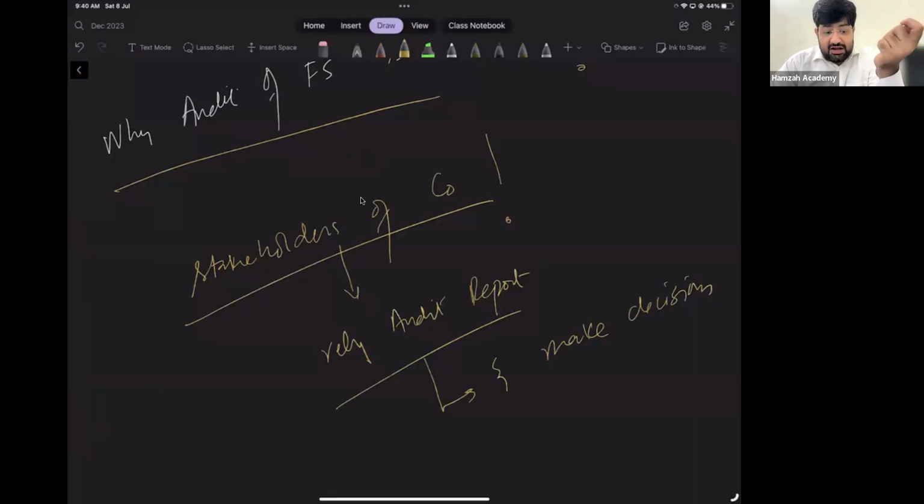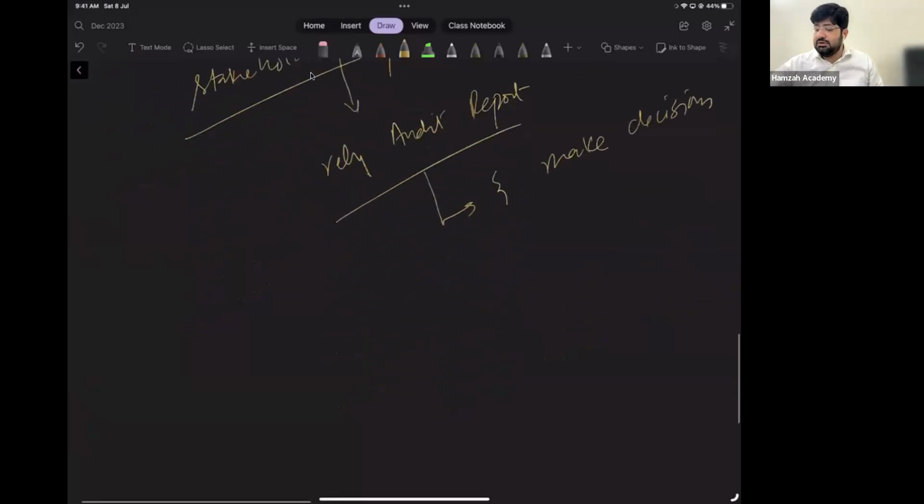Employees decide whether I should start looking for another job or not, this company will survive or not. Government decides whether this company is doing legal activities, and that for the taxation purposes, financial statements are checked. Audit report is on financial statements.